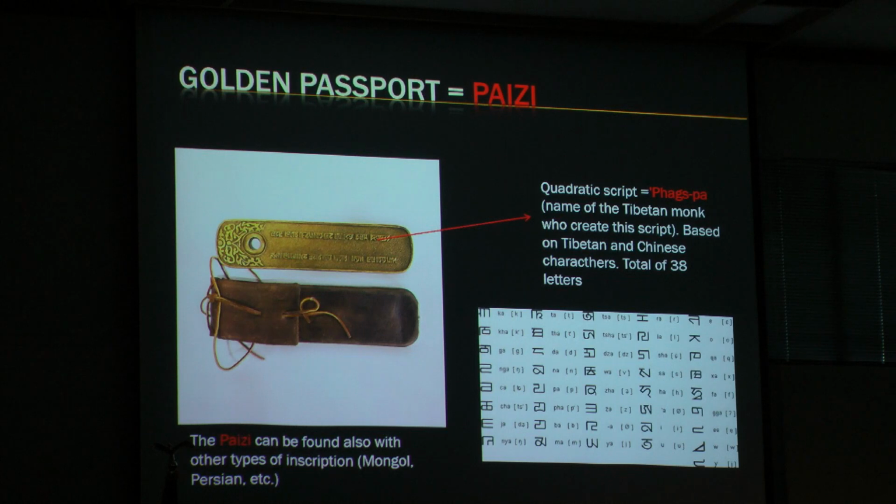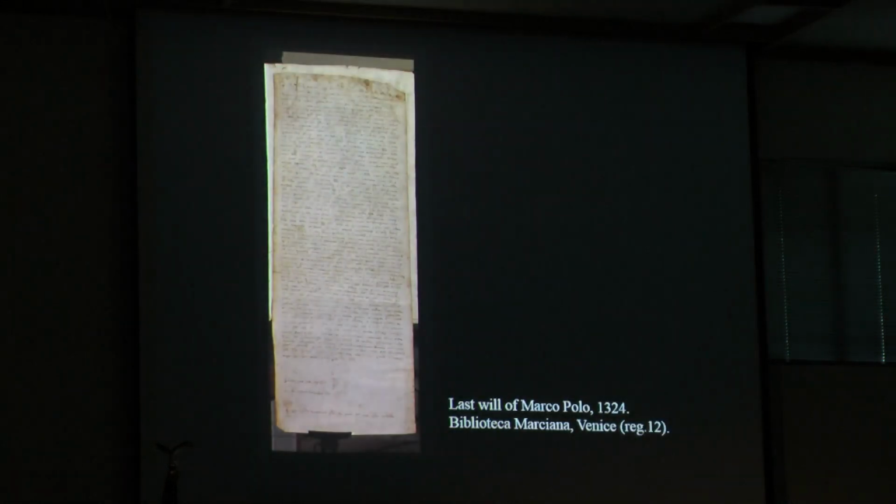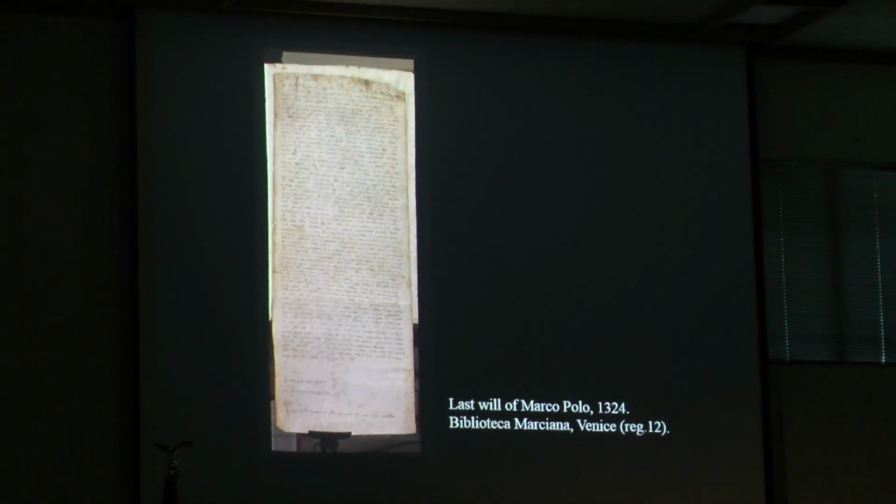So if the Uyghurs provided the Mongols with army support, the Tibetans provided them with spiritual support. Besides a Mongol passport, Marco Polo brought back from Asia many items and also listed them in his last will, which is in the Biblioteca Marciana in Venice.